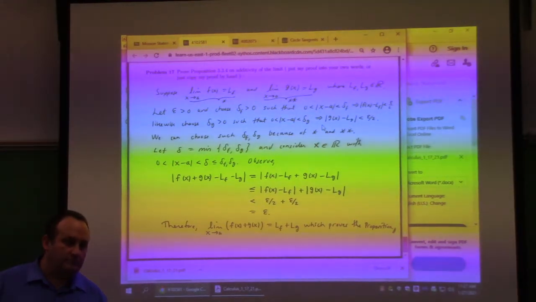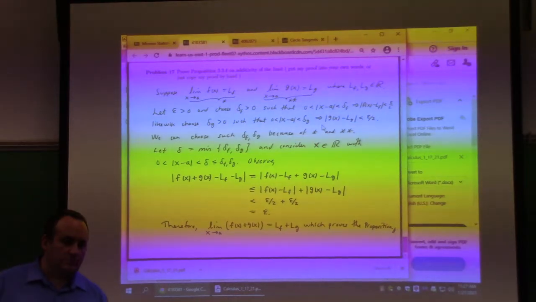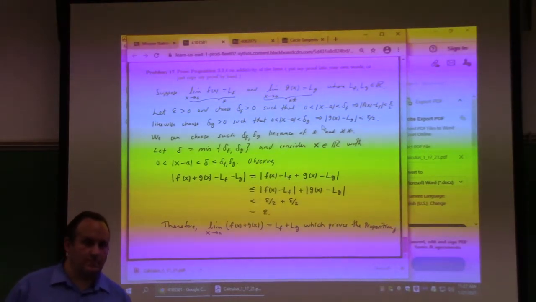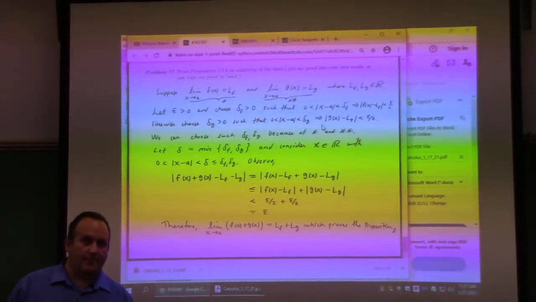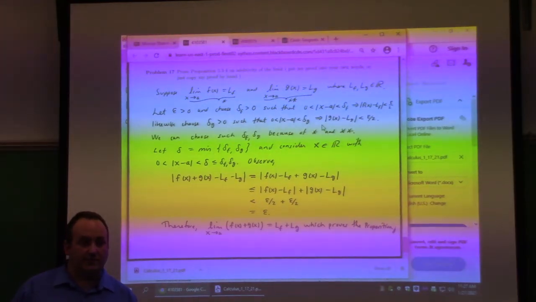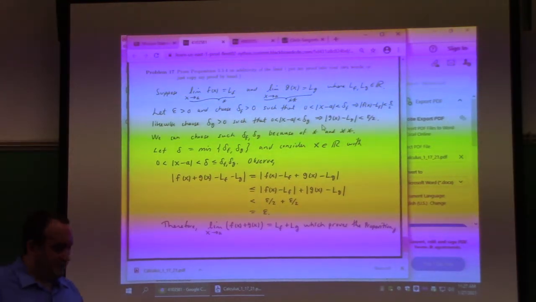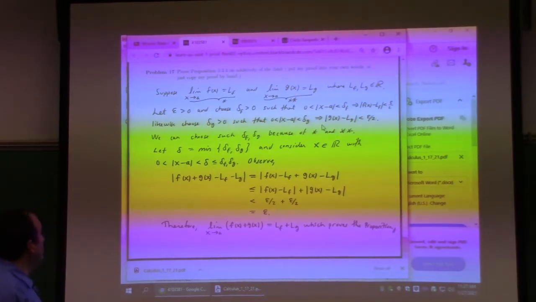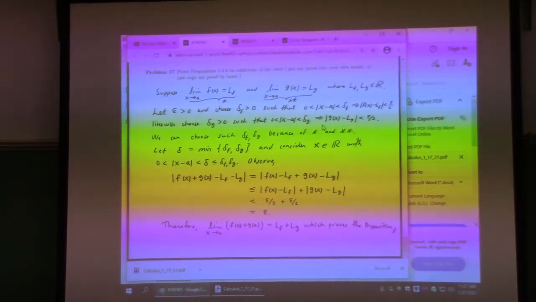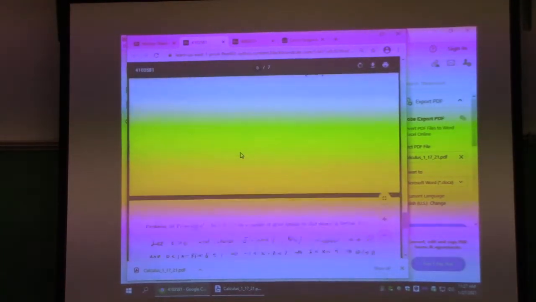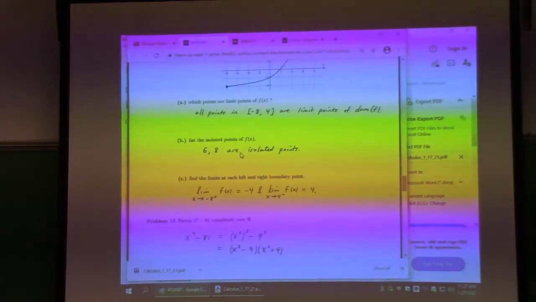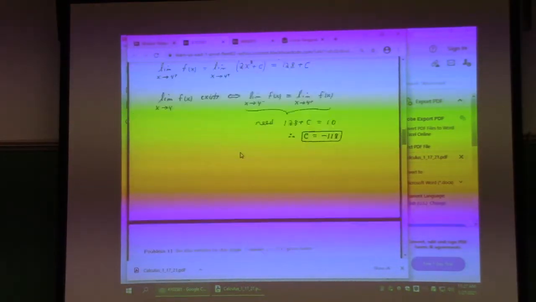Whenever we get 0 for a limit, is it probably going to be negative or positive infinity? You mean like 1 over 0? Yeah. Number 8. Let's see here. It depends on the nature of the limit, in a sense.